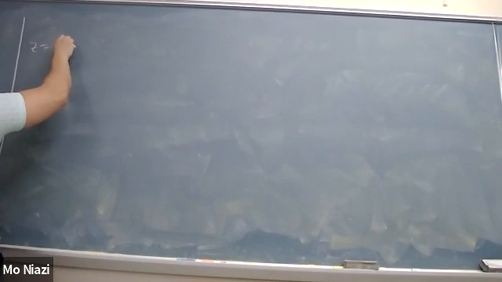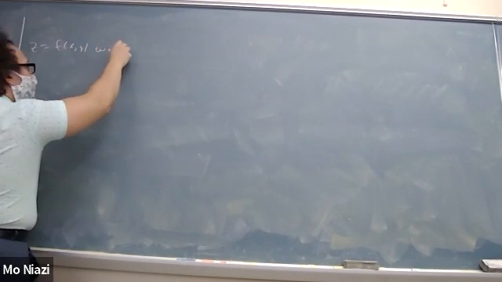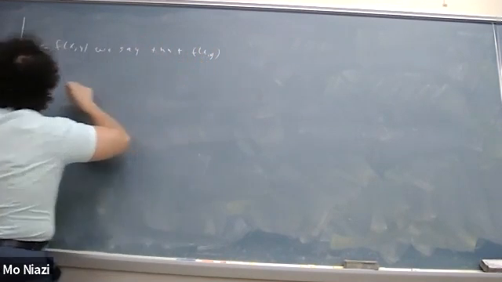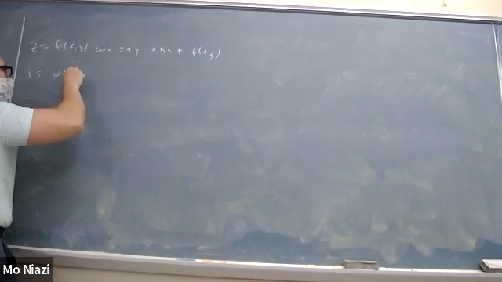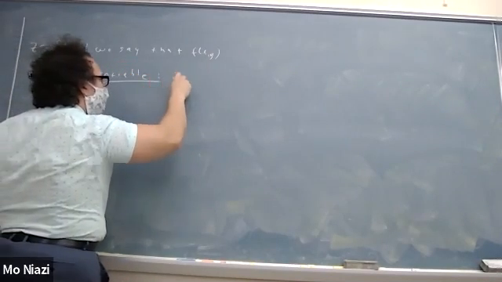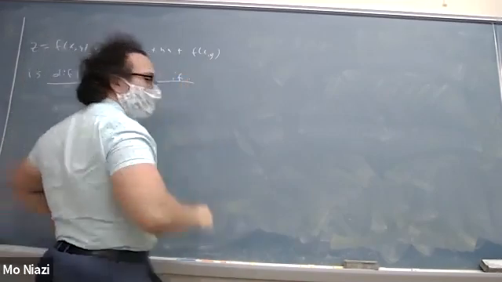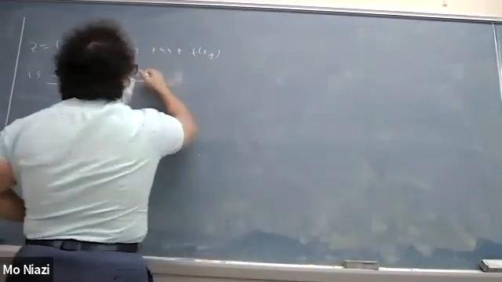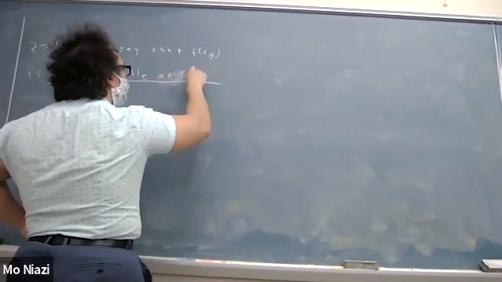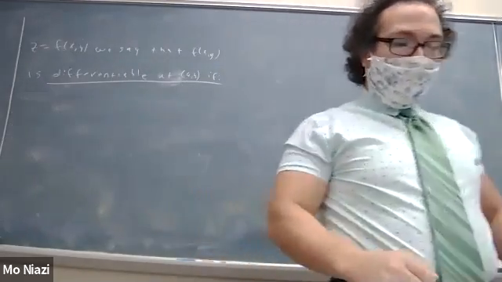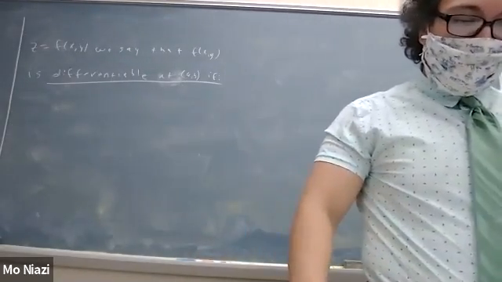Given some function z equals f of (x, y), we say that f of (x, y) is differentiable if its derivative should exist.